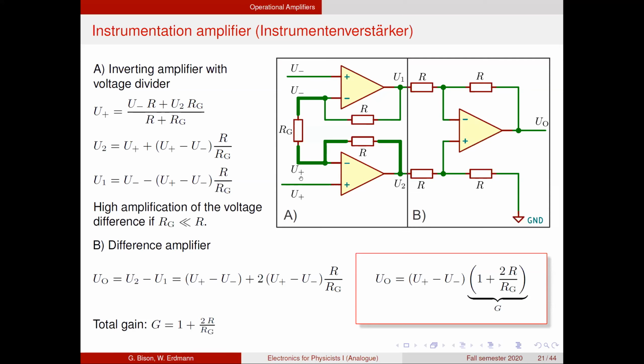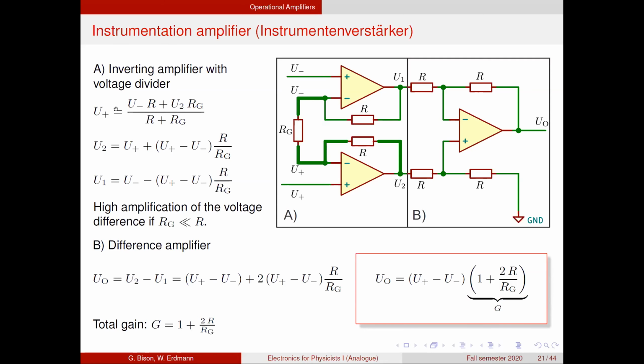Okay, and then it's a simple voltage divider. What we divide is the minus input voltage and output voltage 2, this intermediate output voltage 2. And the result of this voltage divider must be the plus input voltage. Okay, so this is what's written here.